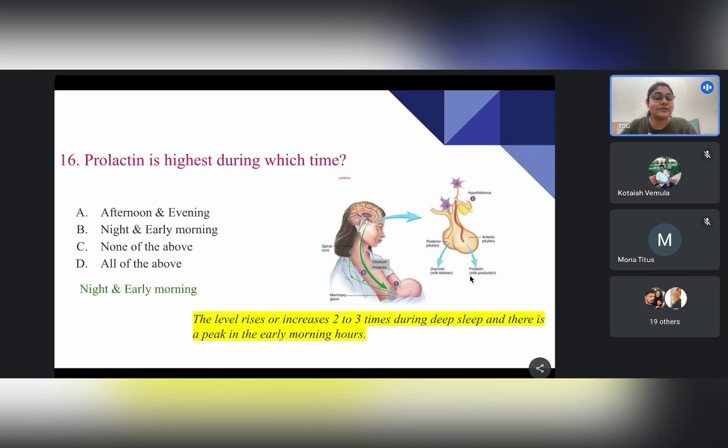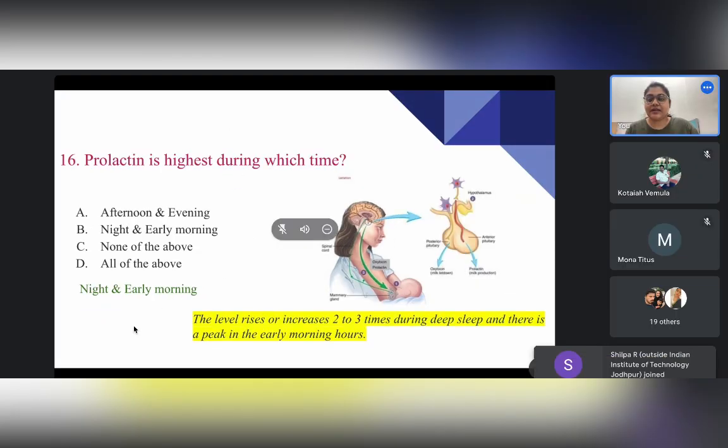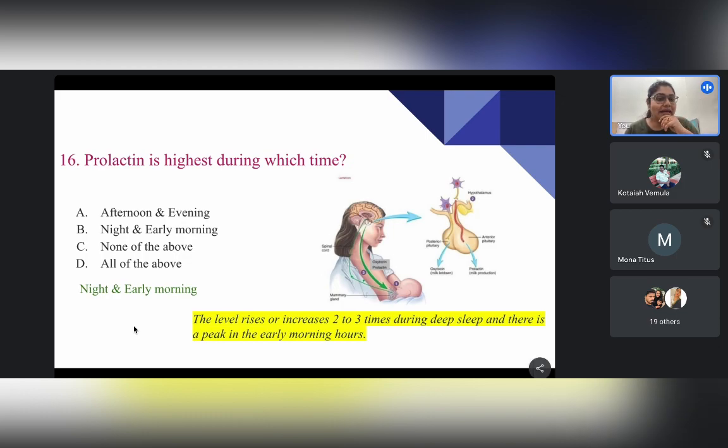Hence it is also important for the mothers to feed their babies at night. So yes, the correct answer is night and early morning. And can anybody tell me, an additional question, when has it been found to be the lowest?